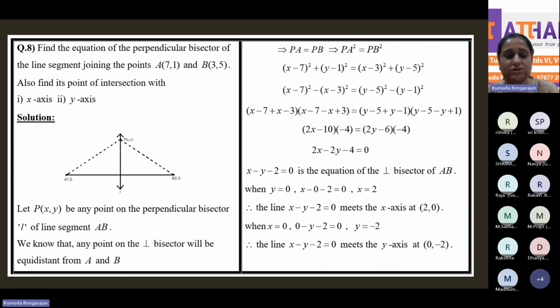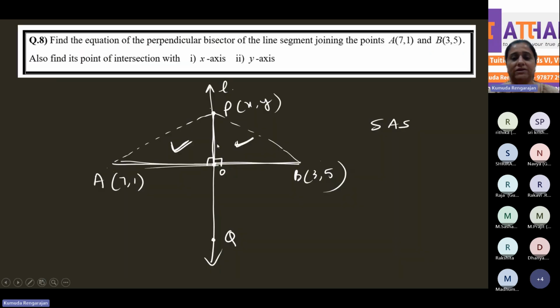I'll just copy that equation which we get. The equation we'll get is x minus y minus 2 is equal to 0. This is the equation of the line L.